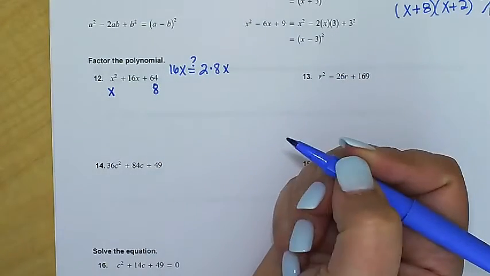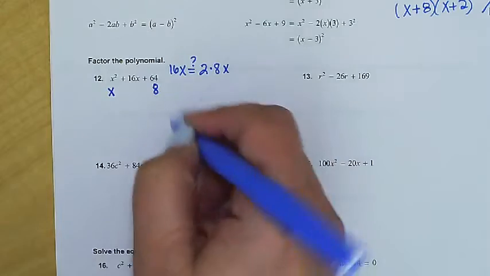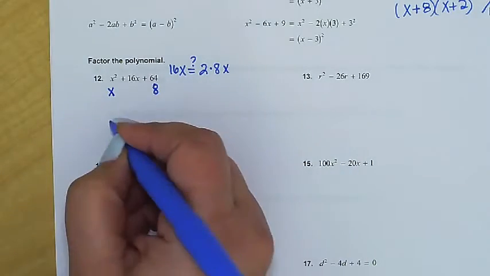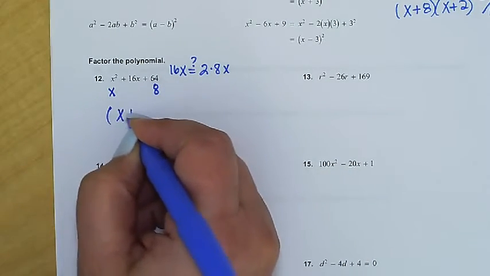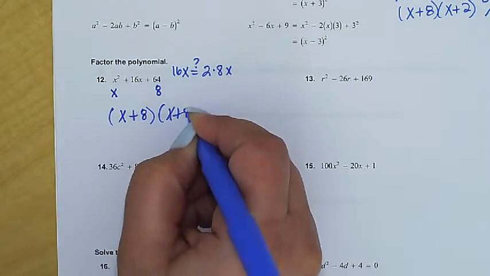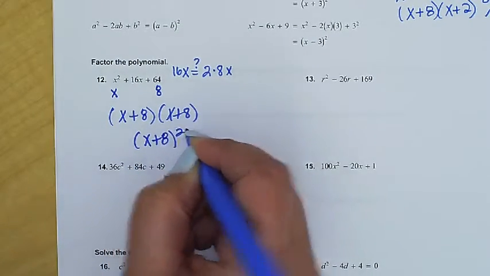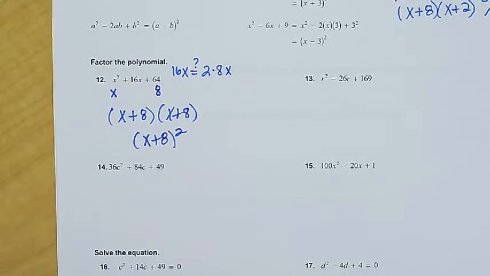And if the answer is yes, then we can say, oh yeah, that's a perfect square, and I don't have to go through the magic and the splitting and all of that. I just know that this is the result of x plus 8 times x plus 8 again, or in other words, x plus 8 to the second power. And I can factor it a little bit faster.